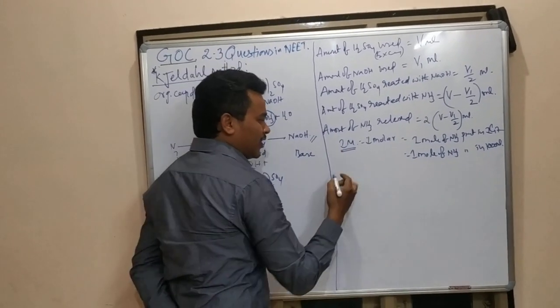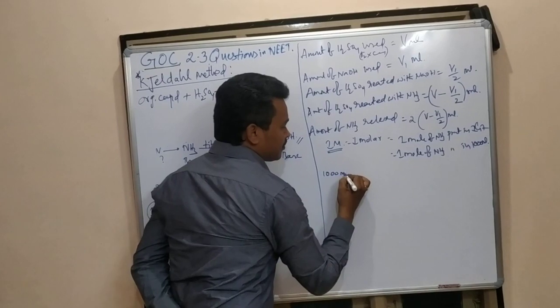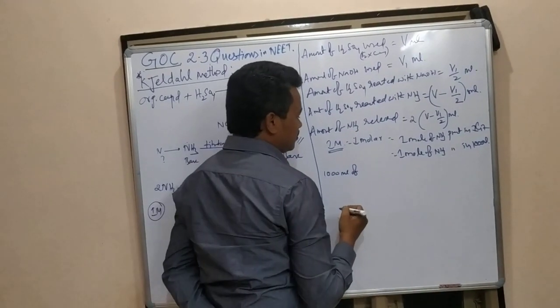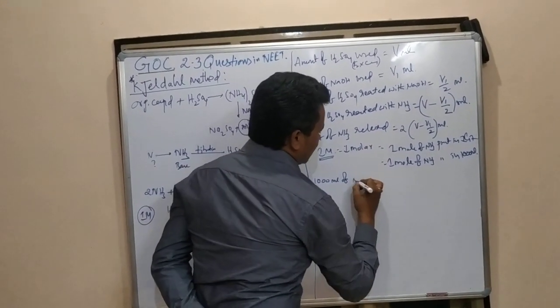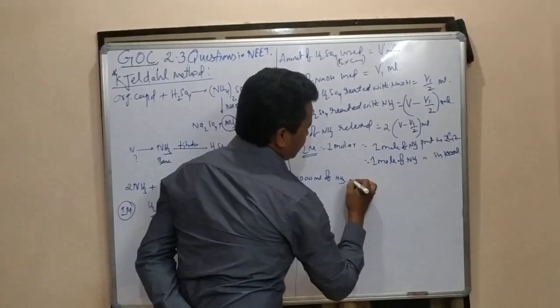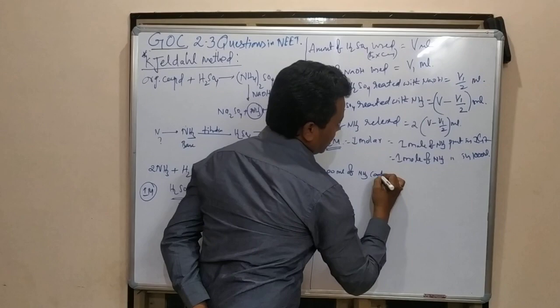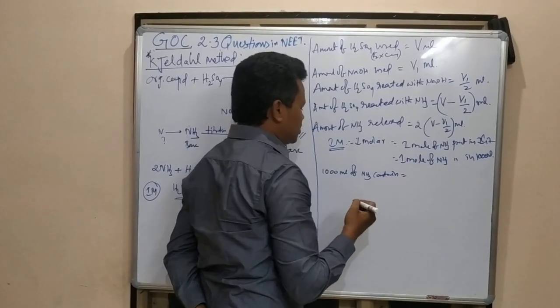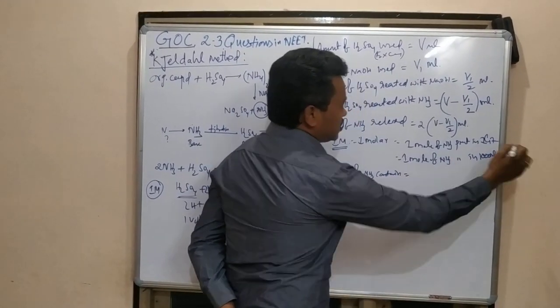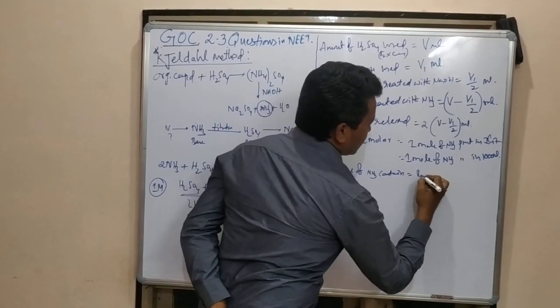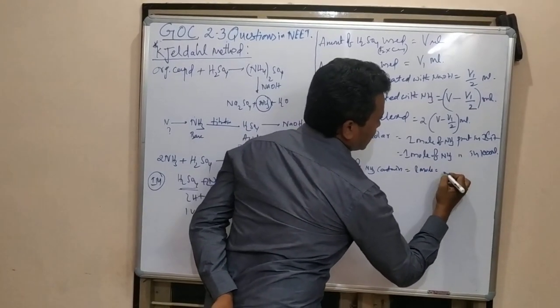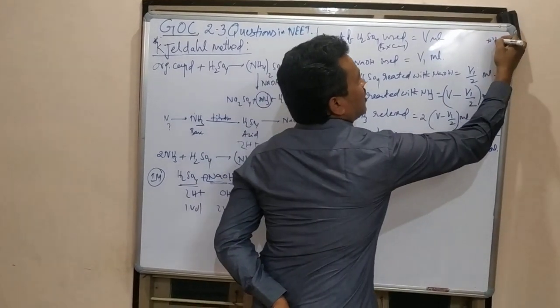Now that I am going to write: 1000 mL of NH3 contains how much? 1 mole. Now 1 mole of NH3 means how much? 1 nitrogen and 3 hydrogens.